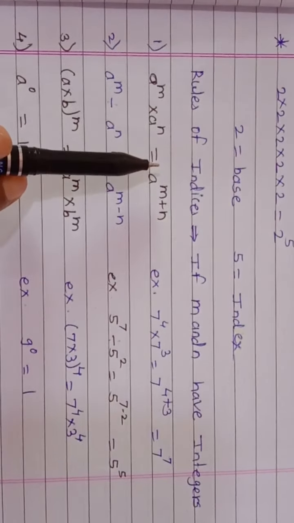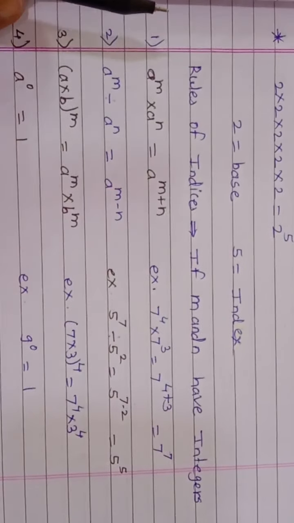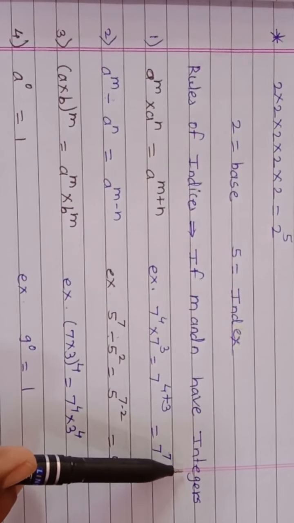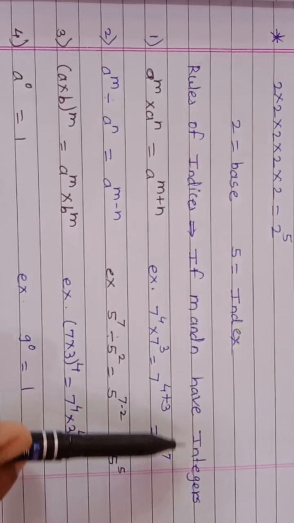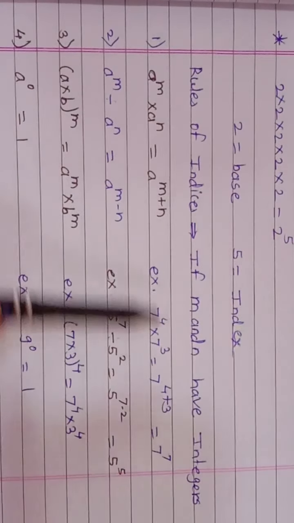First we study the rules of indices. If m and n are integers, म्हणजे पूर्णांक संख्या, m आणि n जर पूर्णांक संख्या असतील तर ते रूल कसे होतात?